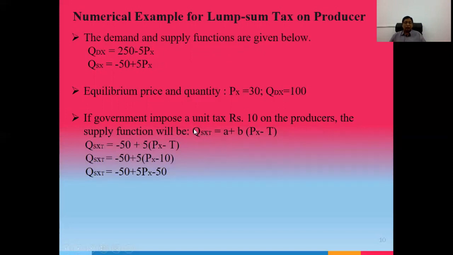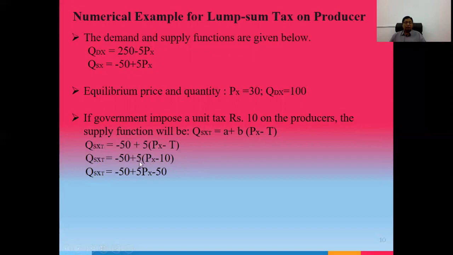Here QSXT, quantity supplied of commodity X after tax, equals A plus B into Px minus T. In this example, the unit tax is 10 rupees. Therefore, we can substitute 10 rupees for this T. You can see QSXT equals minus 50 plus 5 into Px minus 10.